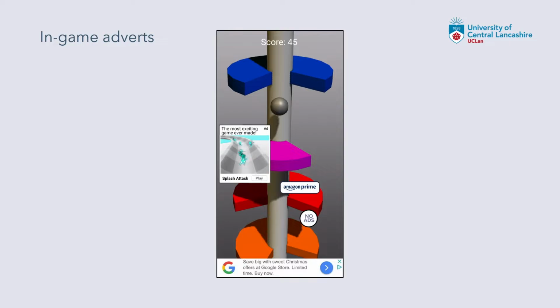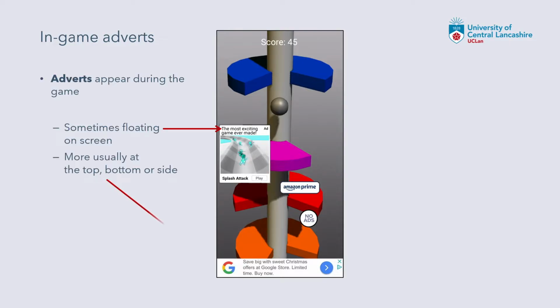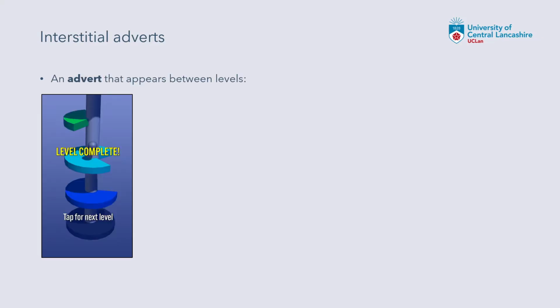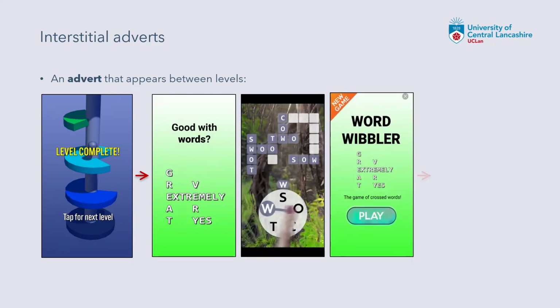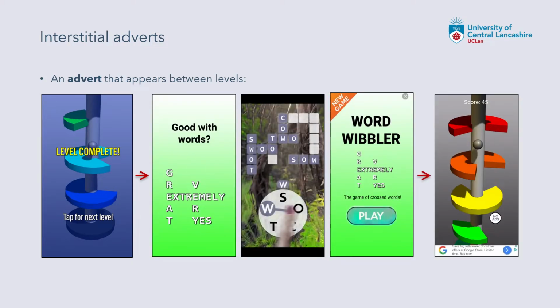Now, within that game there were in-game adverts. These adverts appeared during the game, sometimes floating on the screen or more usually at the bottom or the side of the screen. There are also things called interstitial adverts. These are adverts that appear between the levels, so when you complete a level it then shows a small advert, and then at the end of the advert you can then move on to the next level.